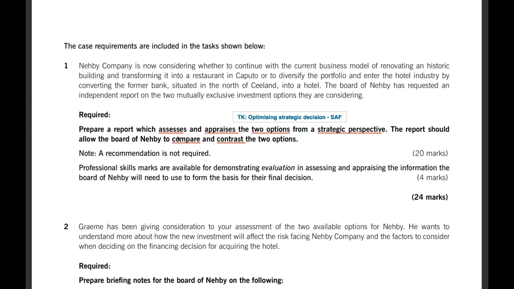Since here it says you are going to assess and appraise, if you notice, the professional skill is evaluation. Evaluation is where you should be demonstrating your ability to assess, ability to estimate, and ability to appraise.